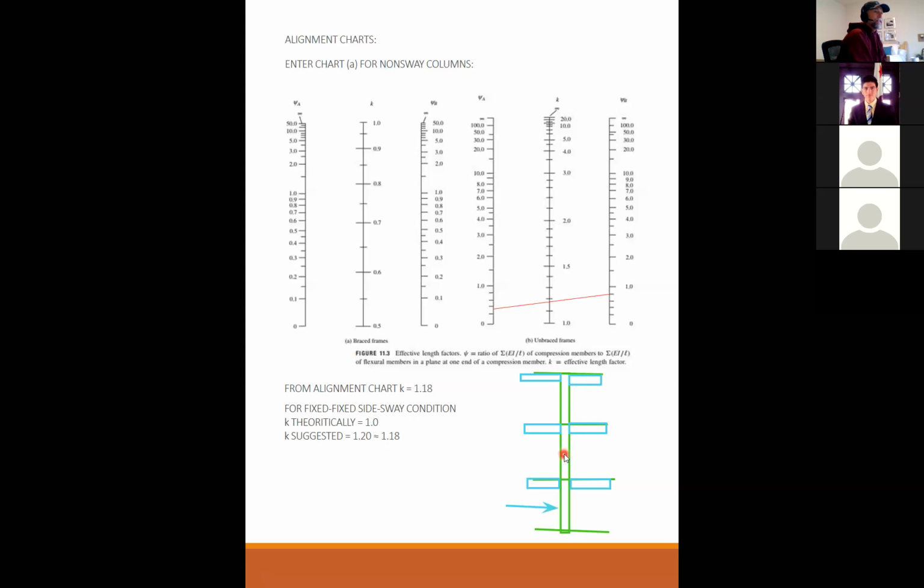But when I go to design this column, this is psi A, this is psi B. When I design this column, this becomes psi A, this becomes psi B. Each column is designed story to story. Does that make sense? Yes, it makes sense now. Thank you. Okay, good.